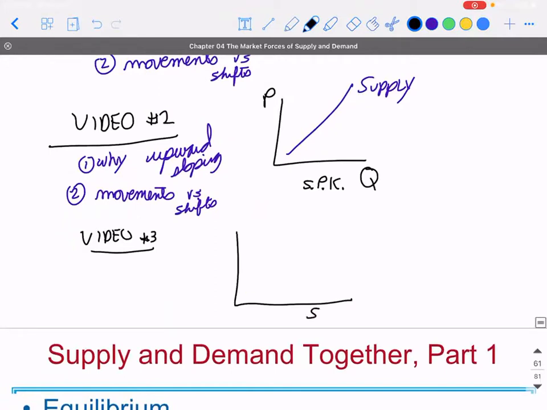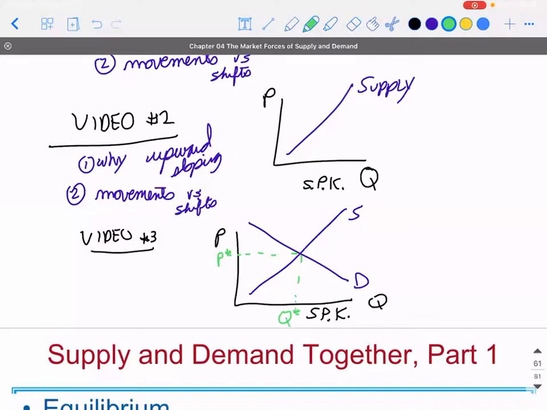Where we get the incredibly valuable information. There's my demand. There's my supply. And that I get an equilibrium price and an equilibrium quantity.